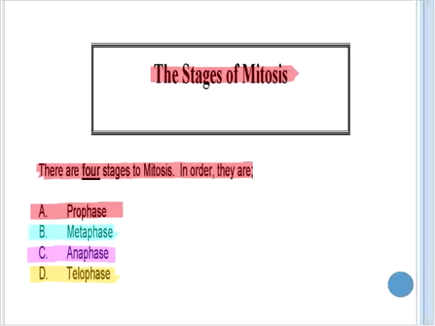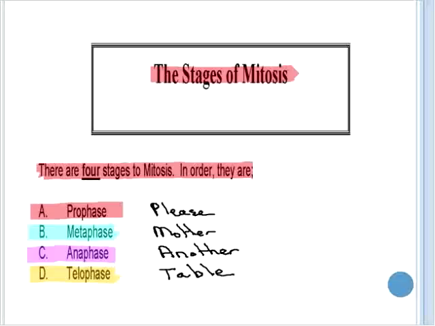An easy way to remember this is the following acronym: P, prophase, please; M, metaphase, mother; A, anaphase, another; and T, telophase, table. Please, mother, another table.